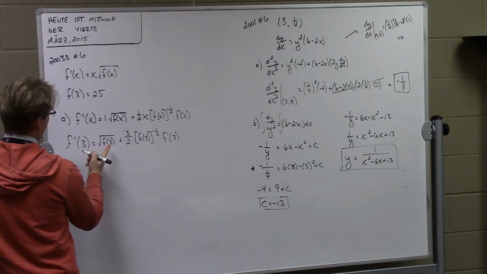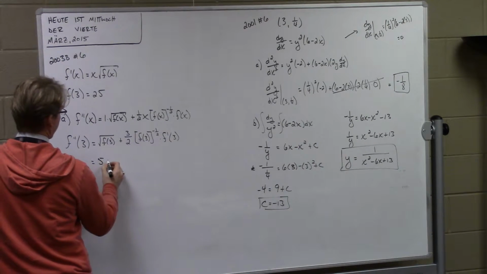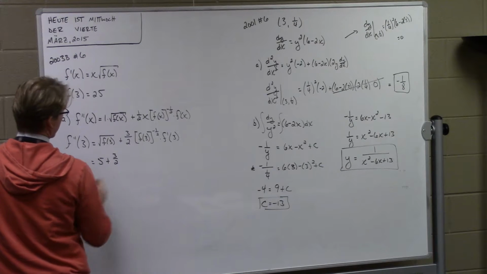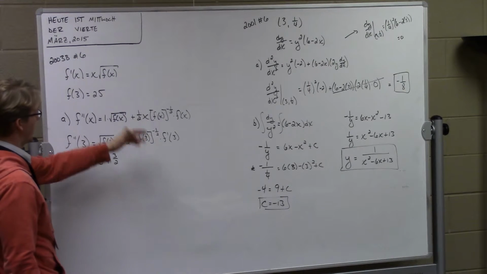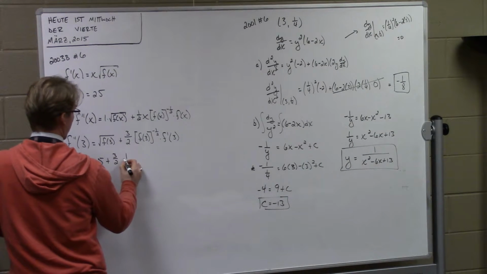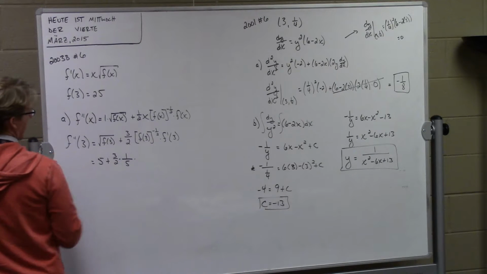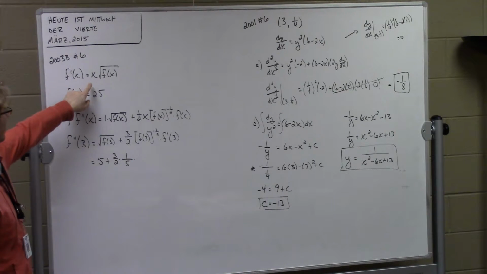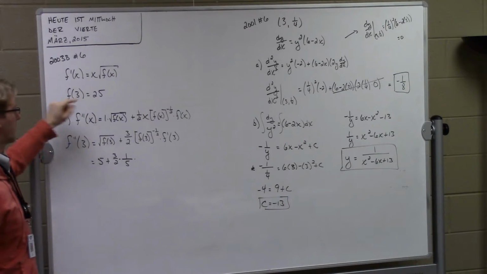F of 3 is 25, root of 25 is 5. F of 3 is still 25, but it's kicked to the bottom now, so 1/5 there, times f prime of 3. F prime of 3 is going to be 3 times the square root of 25, so 3 times 5 is 15.